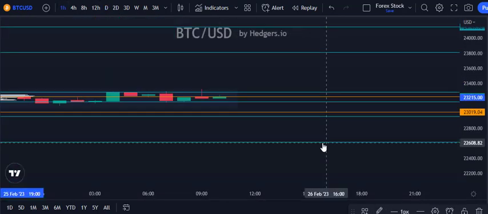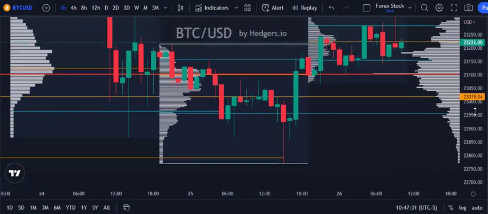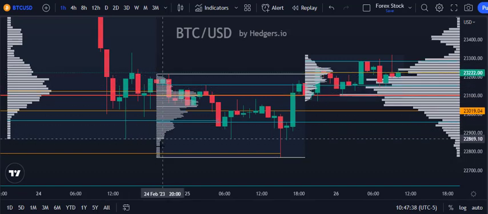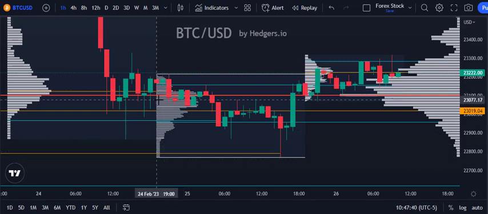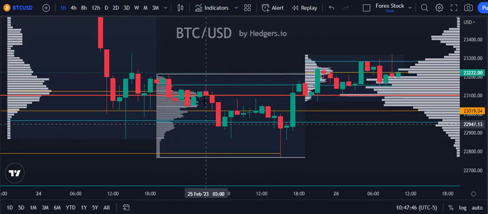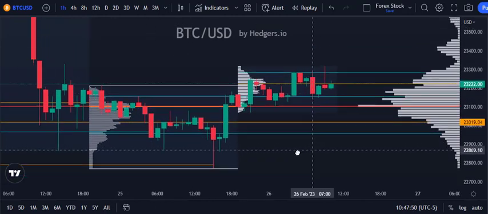If you are pretty confused, now you see I marked the levels of the previous daily candle, and you see exactly from this point the periodic volume profile is scraping all of the candles and the levels: high, low, volume, value area, and the POC.